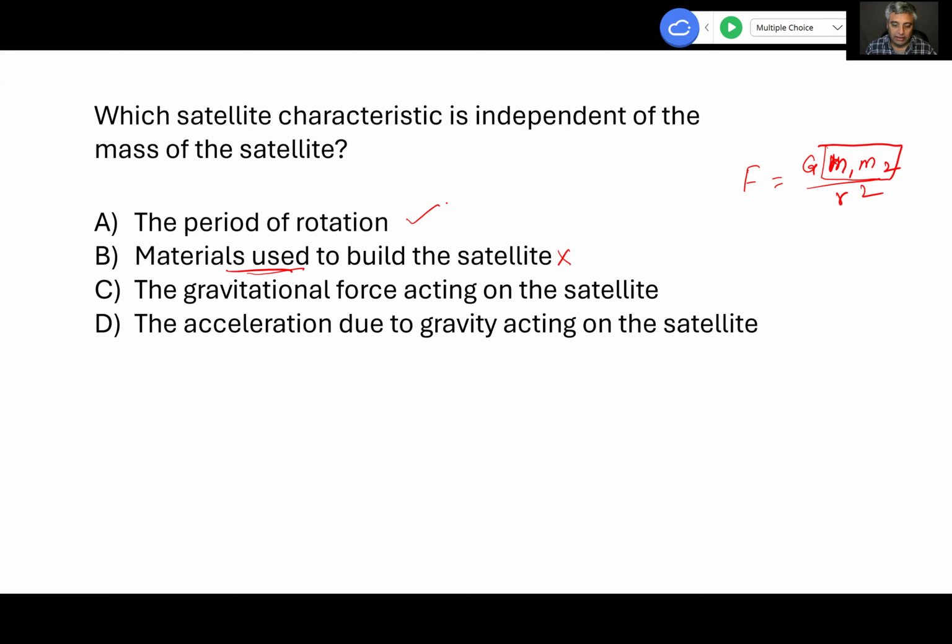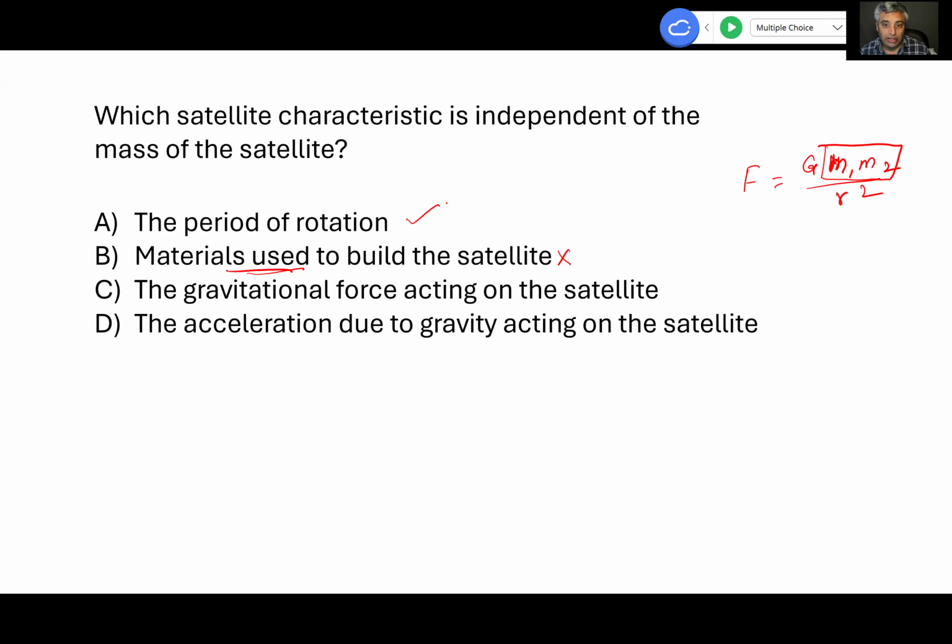Oh, looks like we haven't talked about period, but we'll see soon. So period, yes, does not depend on mass. Speed does not depend on mass.